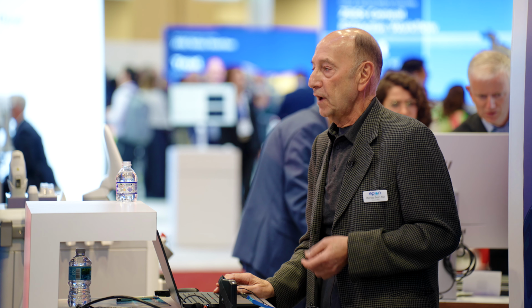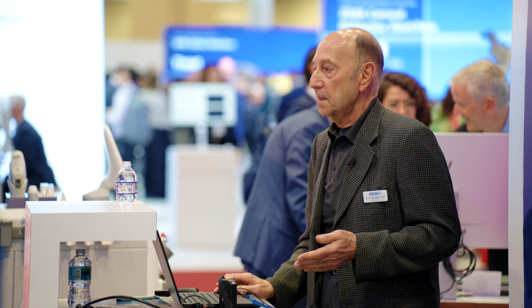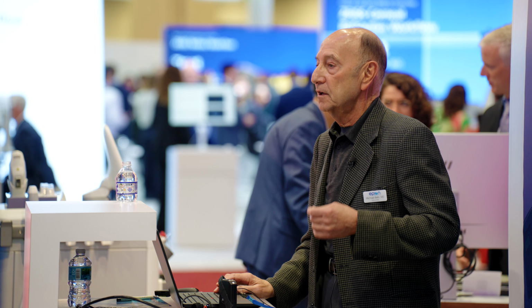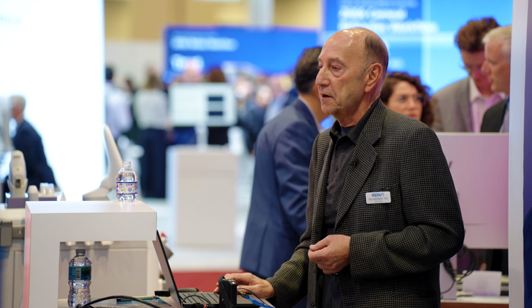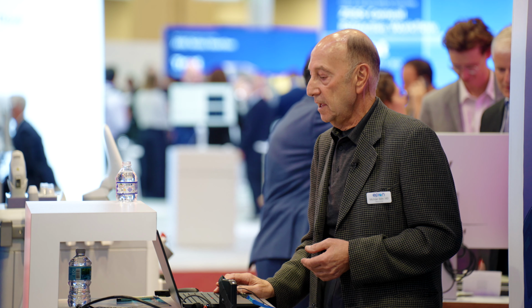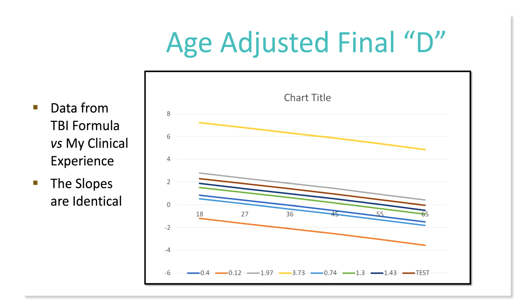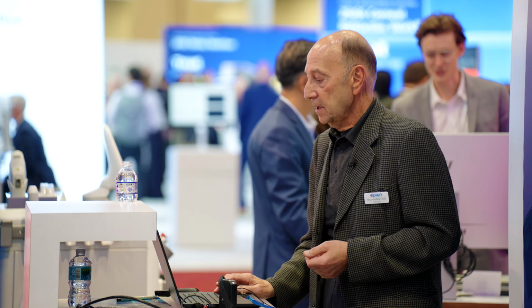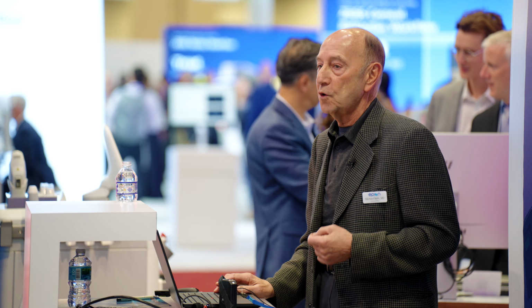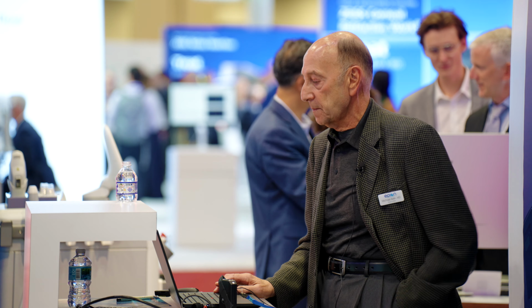In my clinical practice, the younger you are, I would actually add to the final D. The older you are, I would subtract. And when I actually tested this against the TBI, I don't know if you know what the TBI is, it's a tomographic biomechanical index, which had an age parameter built into it. It turned out my clinical age adjustment followed the TBI age adjustment almost identically. So the new version 4 will incorporate age as a parameter.